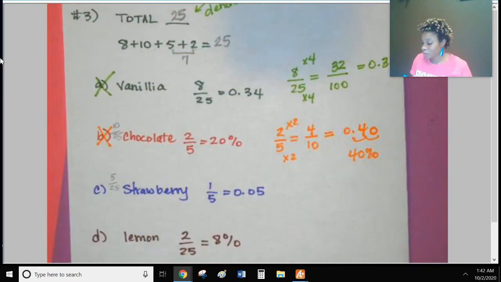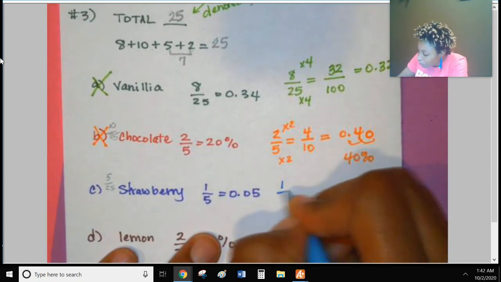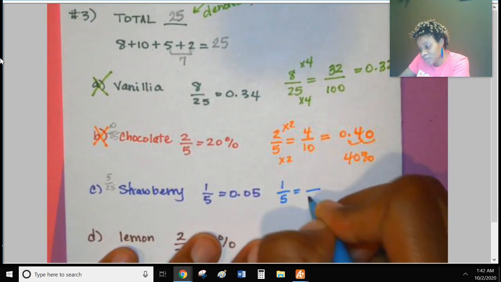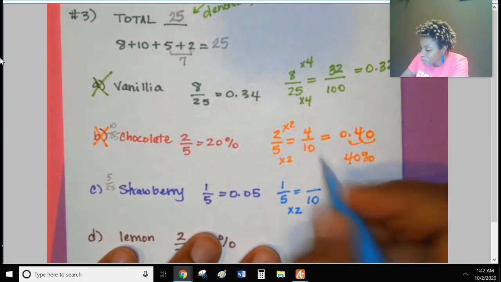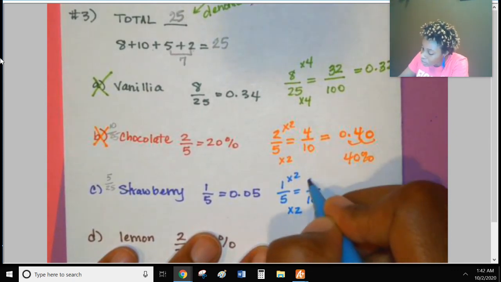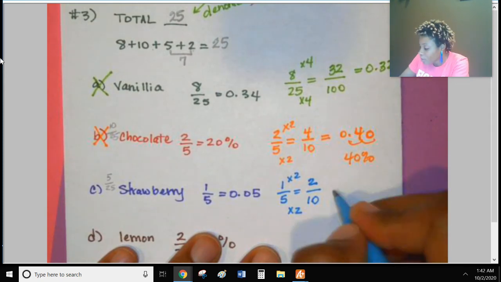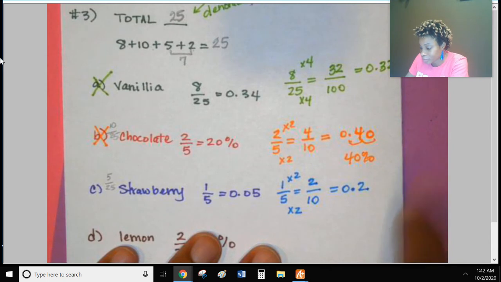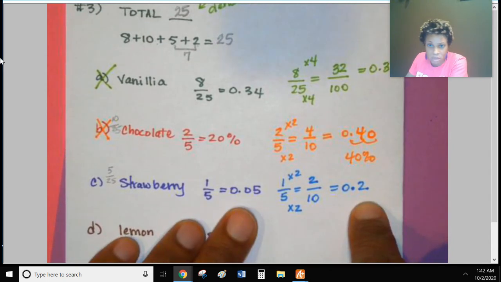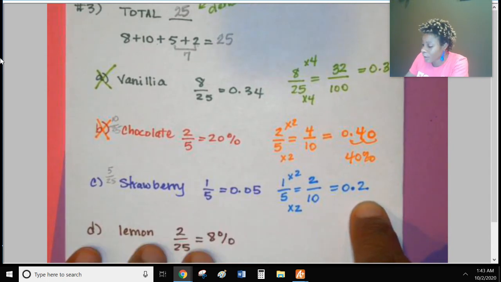But if you like to prove it, you can make 1/5 into something over 10, a new equivalent fraction, times 2, right? 5 times 2 is 10. 1 times 2 is 2. That will give me 2 tenths. 2 tenths, 5 hundredths. Not the same, okay?